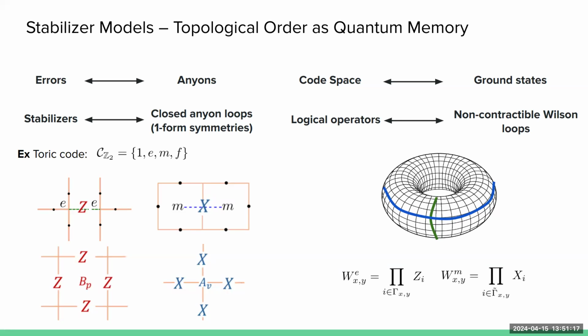As you can see, the plaquette corresponds to a closed E loop, and the star corresponds to a closed M loop. The toric code encodes two logical qubits of information based on the non-commuting, non-contractible Wilson loops. I'm emphasizing this language since, once we move to the mixed state setting, we're going to try to identify the new topological order based on the stabilizers and this Wilson loop algebra.